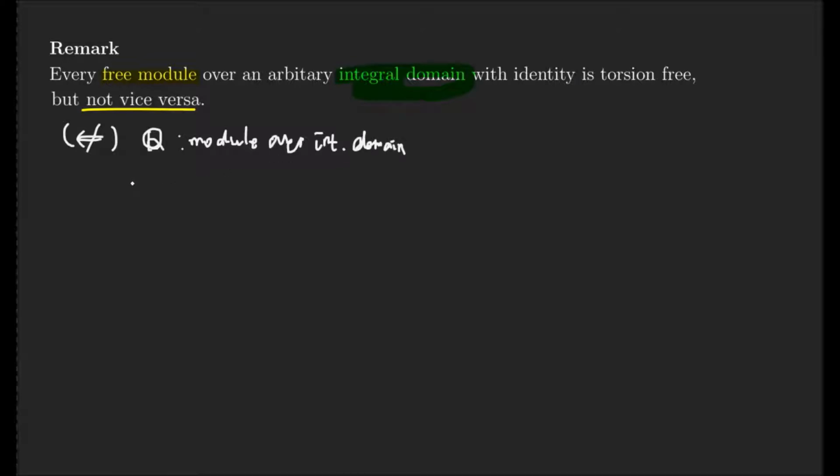In the first slide, we showed the rational number Q is torsion free. Okay, this is torsion free, but this is clearly non-free. This is the reason I remarked or proved in lecture 5 maybe, but again prove this statement by contradiction.